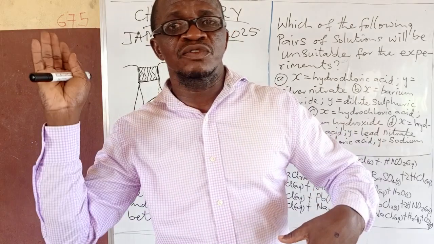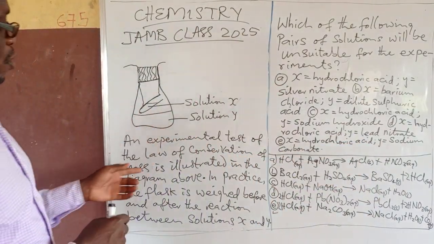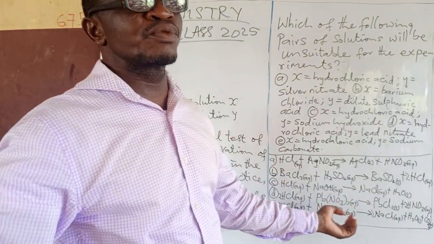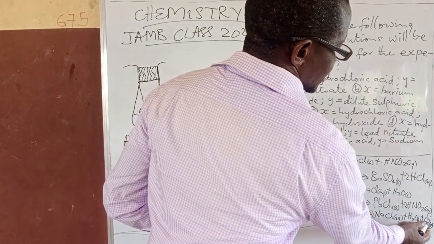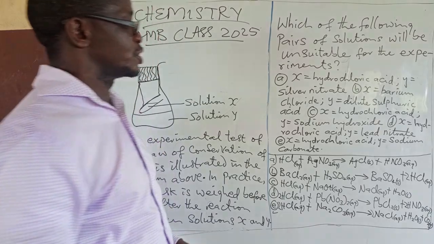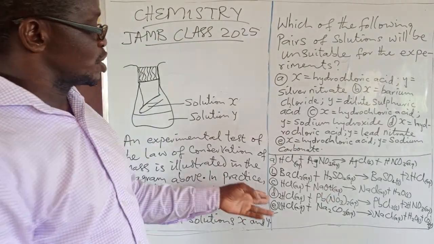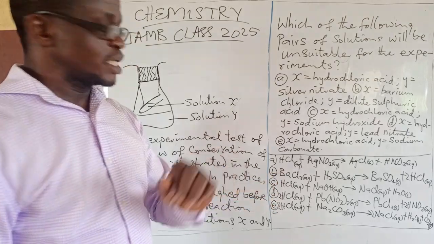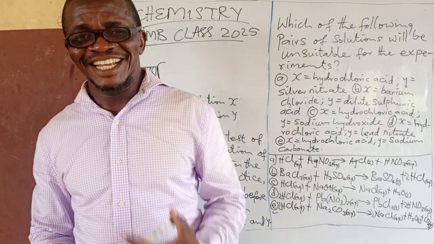Something has gone out from it. So, in verification of this law of conservation of mass, the reaction should not produce a gas. But in this case, E is the one producing a gas, CO2. The rest of them, none of them is producing CO2 or any other gas. So A, B, C, D can be used, apart from E.